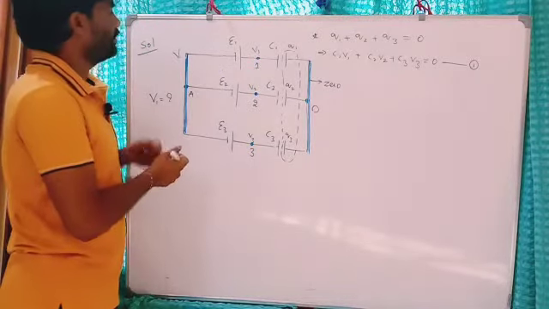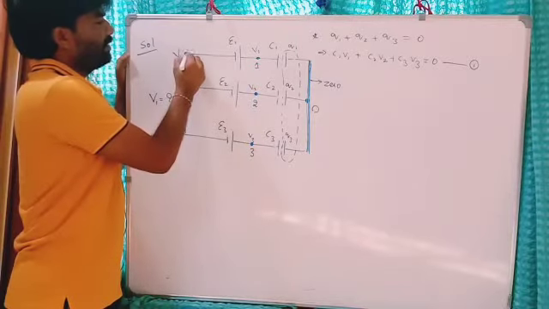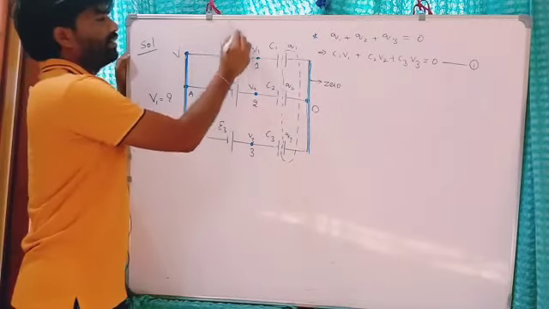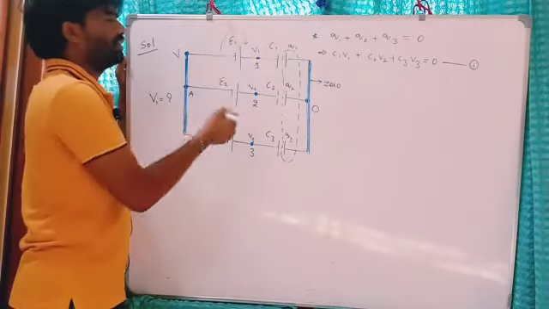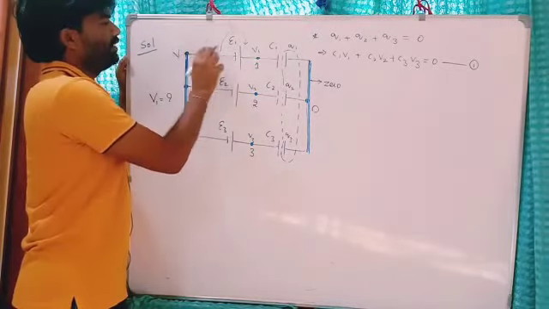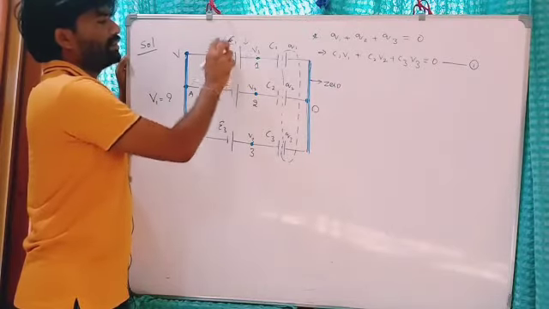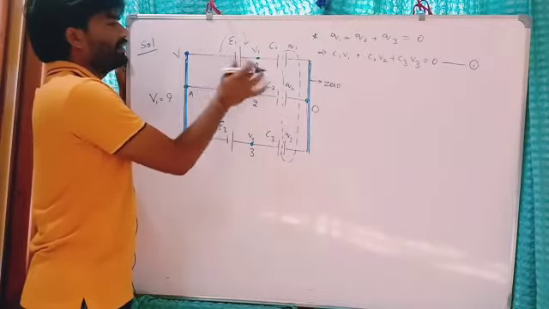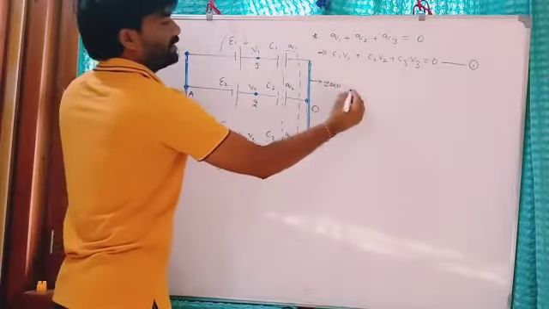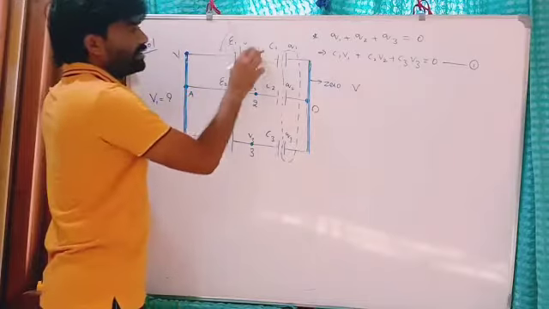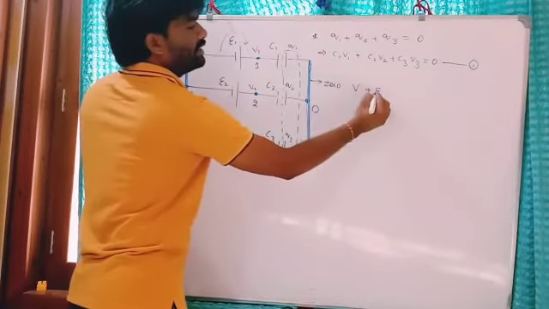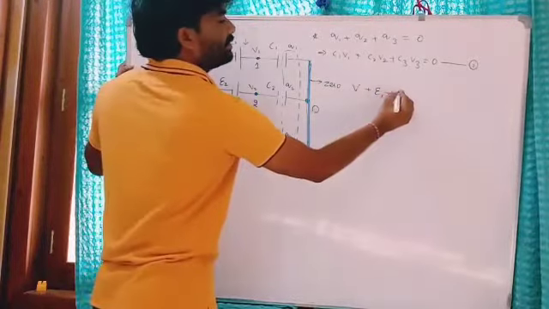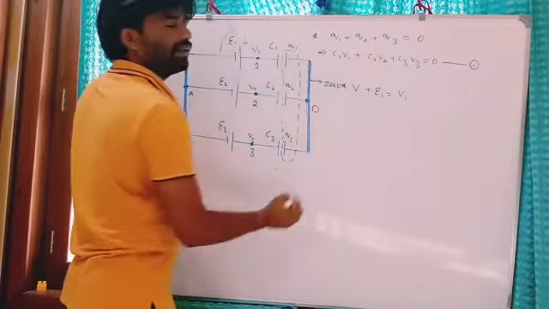Clear? Now for the relation for this V1, I am going to write one more relation. Let us start from this point and cross the battery to apply the voltage law. When we cross the battery from negative to positive terminal, the potential increases. Here the potential is V. Now cross this battery, so the potential increases by E1. So it gives the potential at this point, V1.